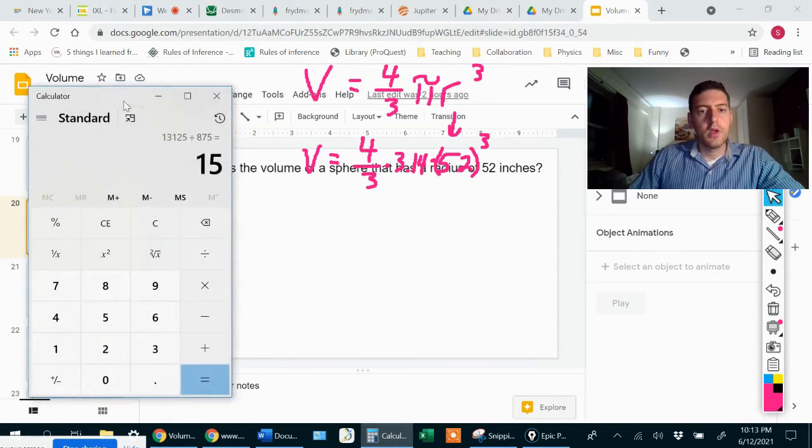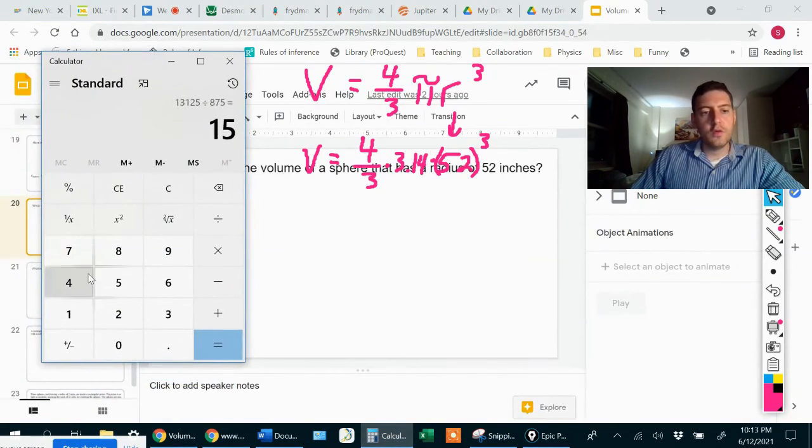Okay, so we can do 4 times 3.14, but Mr. Friedman, you forgot the 3. I'll get to the 3. We don't have to do it right away. So 4 times 3.14 times 52 times 52 again times 52 again, because it was 52 to the third power.